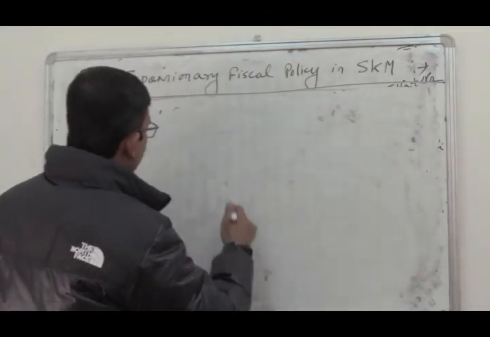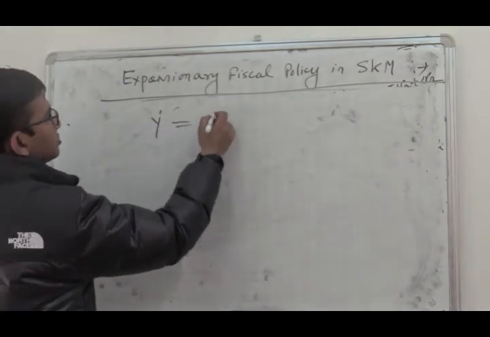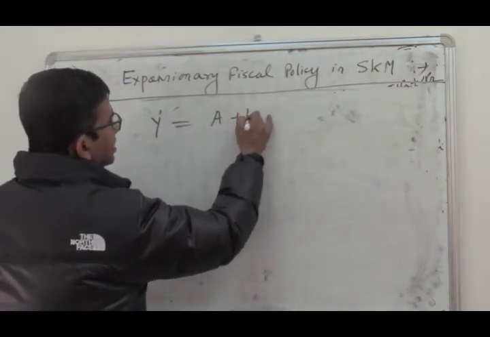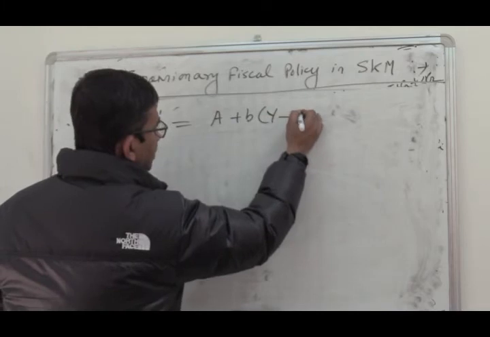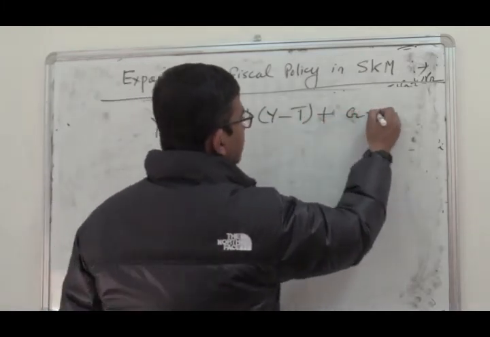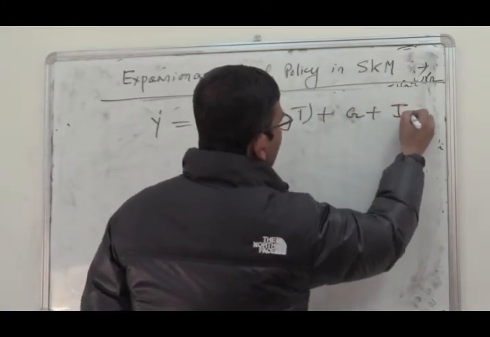So now let's frame the equation. Y equals a plus b into (Y minus T) plus G plus I bar.